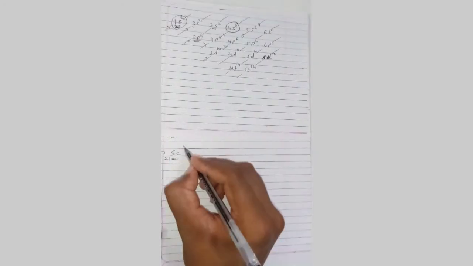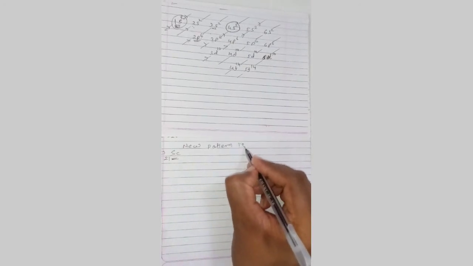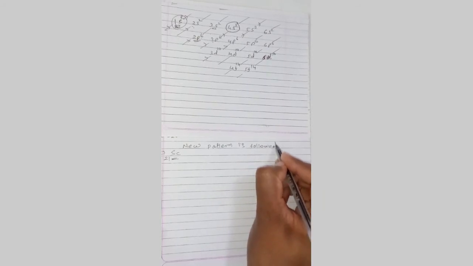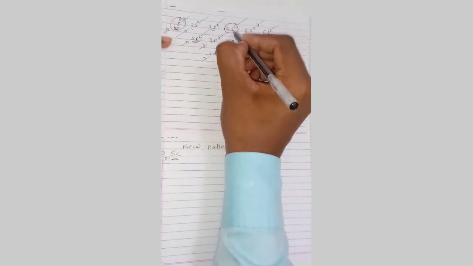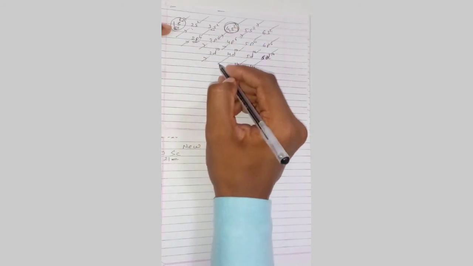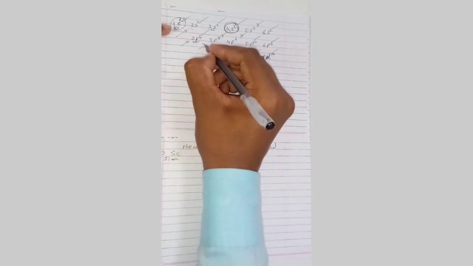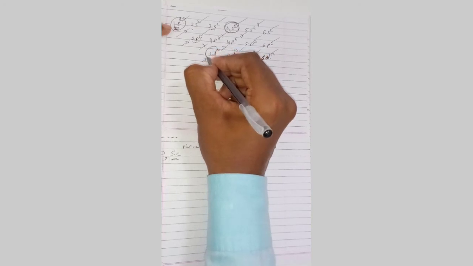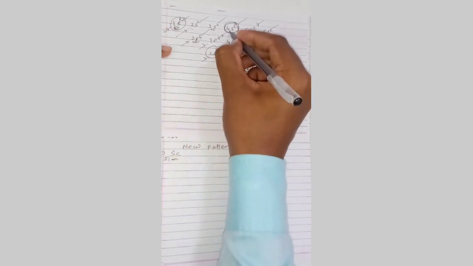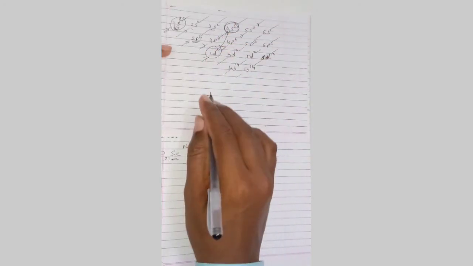A new pattern is followed from here, because now from 1s to 4s2 we have 20 electrons, and the rest of the 1 electron, does it enter into 3d orbital or 4s? Which one has higher energy or which one has lower energy?